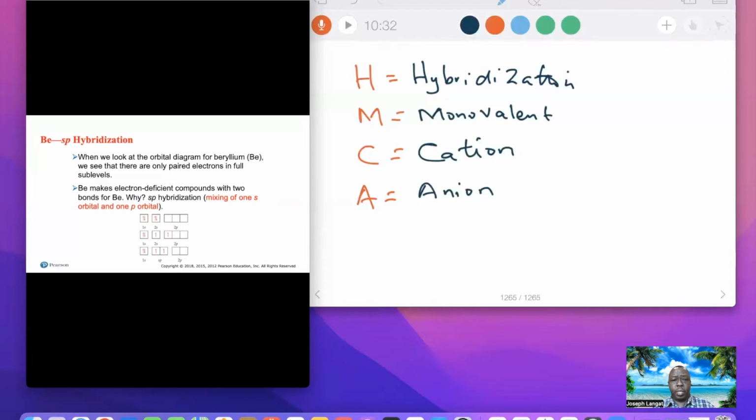Hybridization is either sp3, which we're going to look at once we do practice with this. Monovalent, let's see.